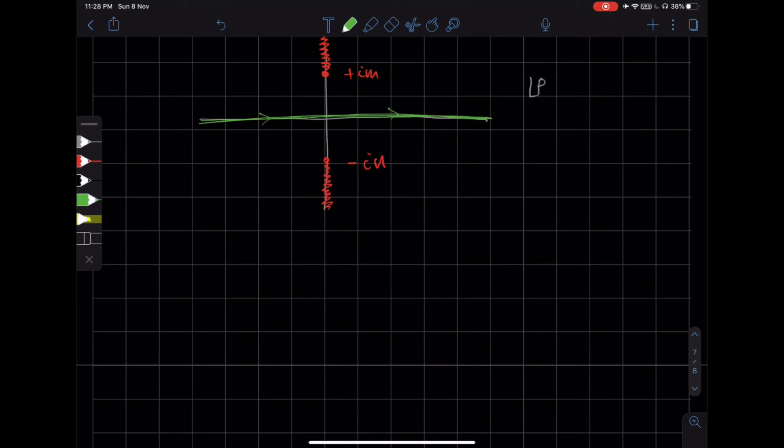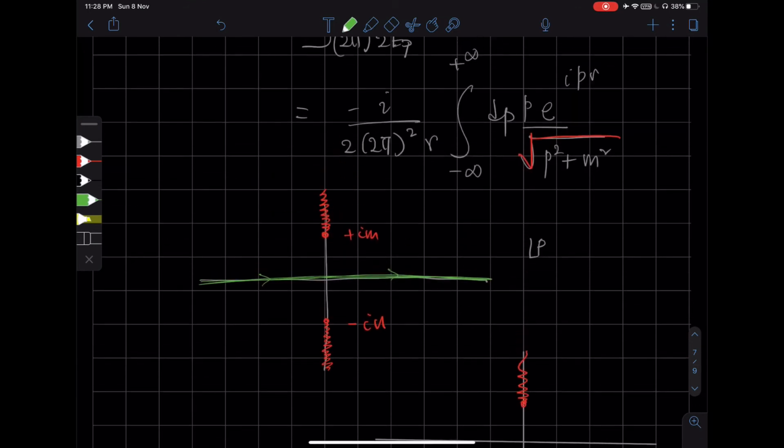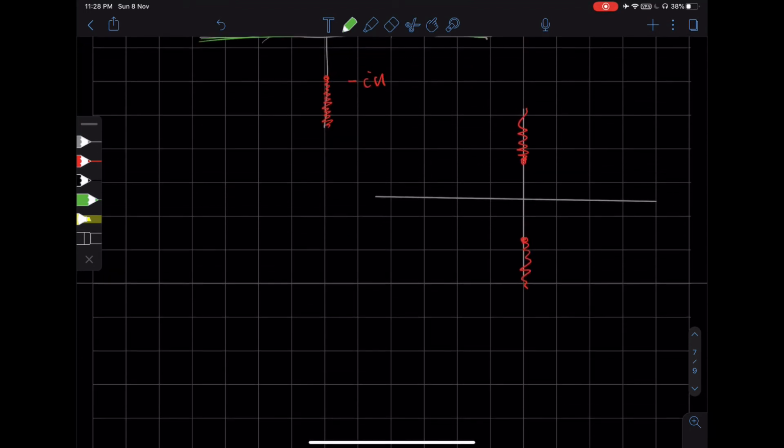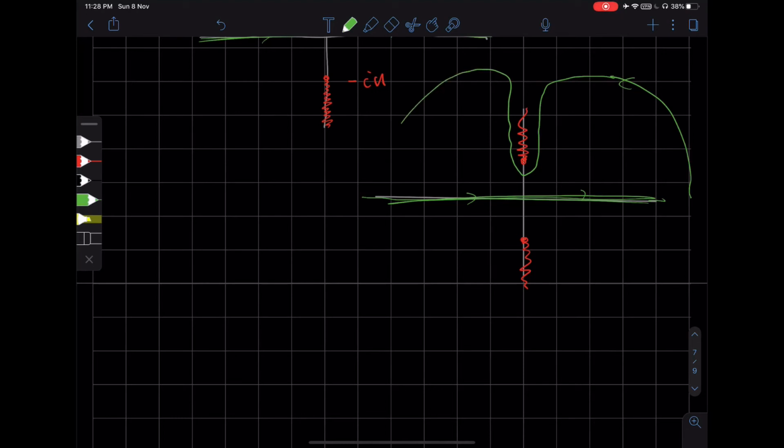So if I take this p plane, and I have this branch cut structure, and suppose I did a contour integral where the integrand was the same as here, but now the contour went like this for a large contour, and it closed like this, and then of course it came back and closed like this.